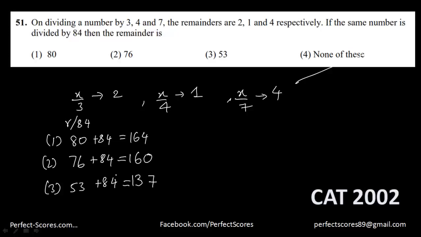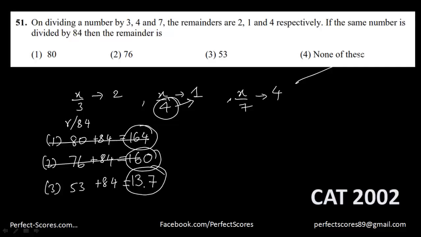Now the question says that when you divide that number by 4, the remainder should be 1. When you divide this number by 4, the remainder is 0, so this is eliminated. When you divide this number by 4, the remainder is 0 again. Hence this is eliminated. Now let's try out this number here.